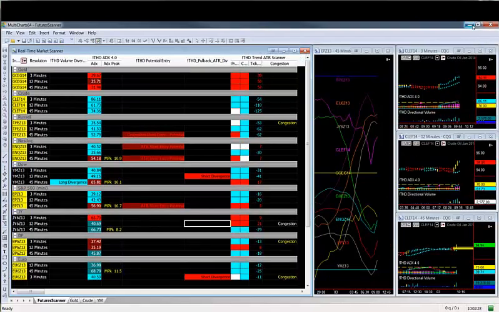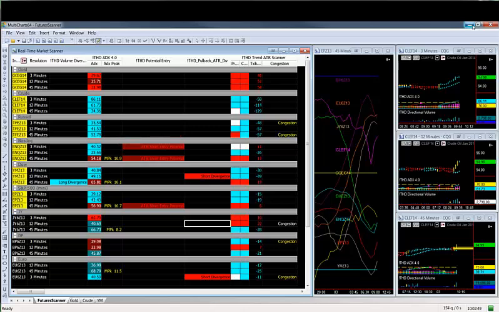Now, the one thing that we do have available for MultiCharts that we do not have available for NinjaTrader is our divergence indicators. And the divergence indicators are really beneficial for people that are trading multiple markets in multiple time frames. Okay?